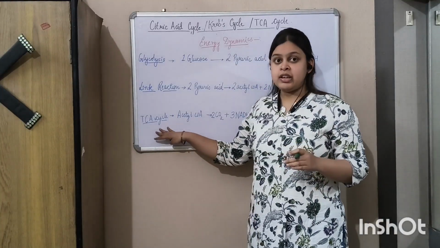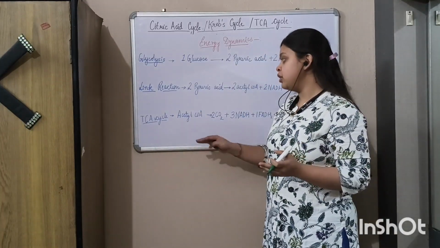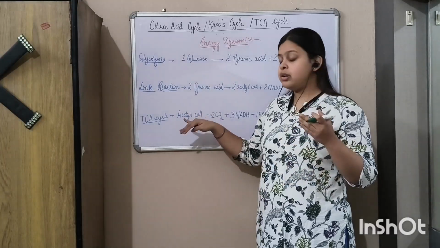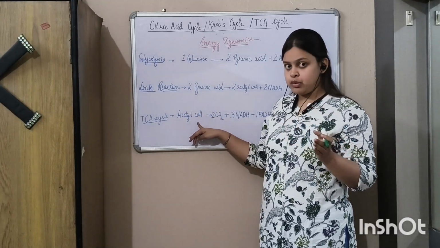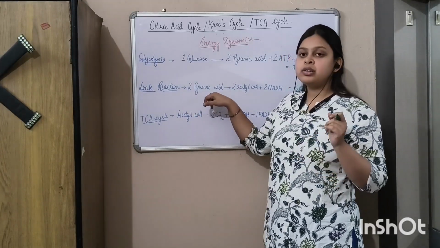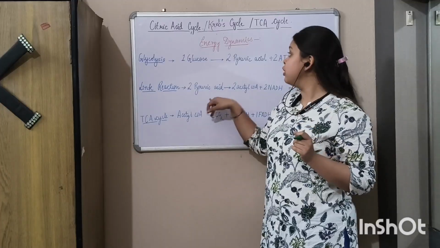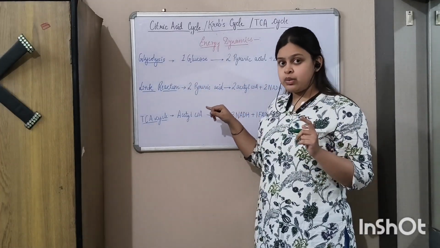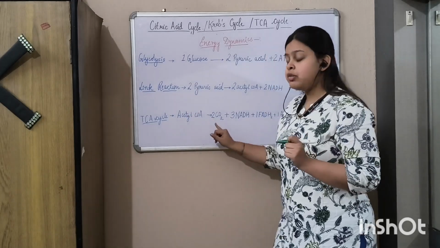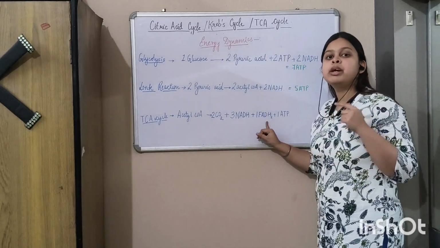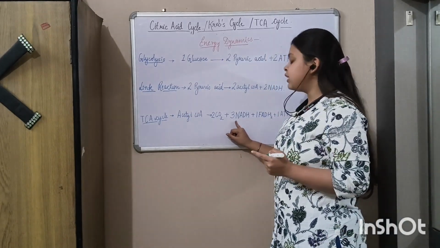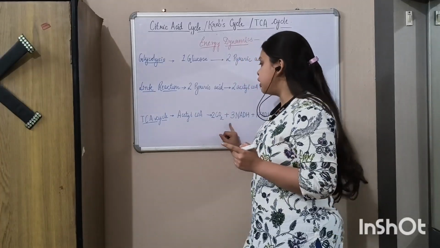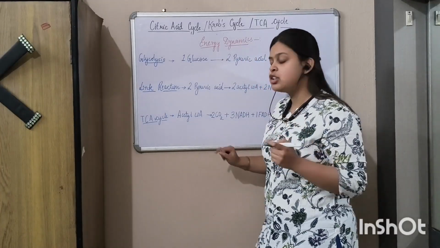In the TCA cycle which we have discussed in the lecture, we started with one acetyl coenzyme A molecule, but we know that the 2 pyruvic acid that we get from glycolysis breaks down into two acetyl coenzyme A molecules. So whatever we get here as a product will be multiplied by 2. So if we get 3 NADH molecules, that will be multiplied by 2, that is 6 NADH molecules.